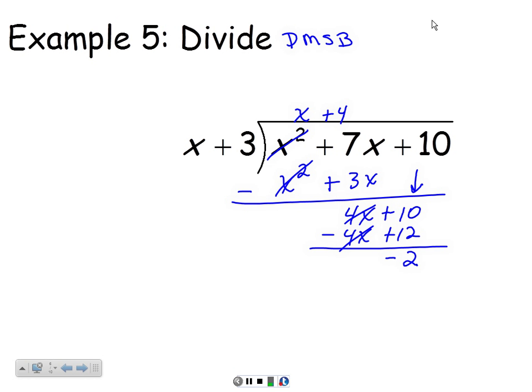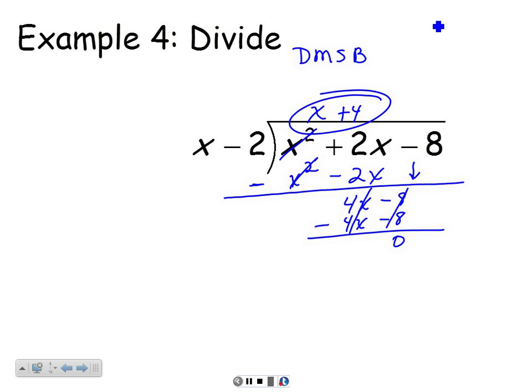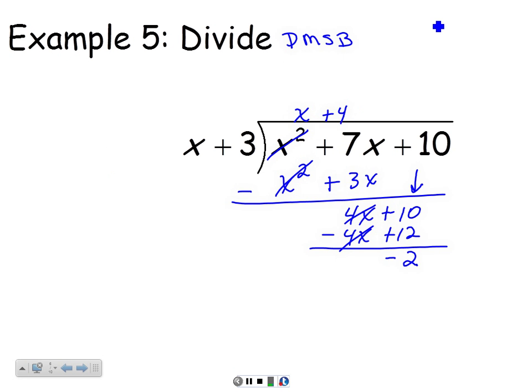And so how do you write an answer that has a remainder? Because on the previous problem, if this was, for example, number 1 on your test, on your answer blank, all you would have to do would be put x plus 4, because you don't have a remainder. But what if this was number 2 on your test, and you came up with a remainder? What would you do?